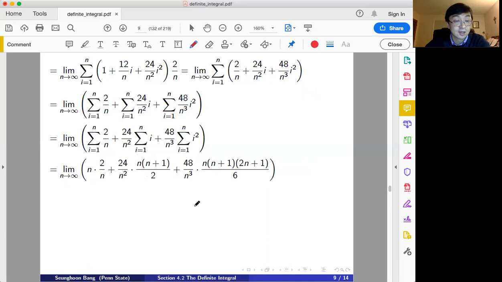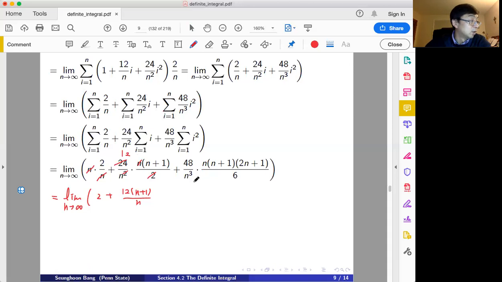The next thing, you have to simplify the limit as n approaches infinity. You can cross out common factor n, only 2, plus the same. Cross out n, cross out 2, only 12. So we have 12 times n plus 1 over n.